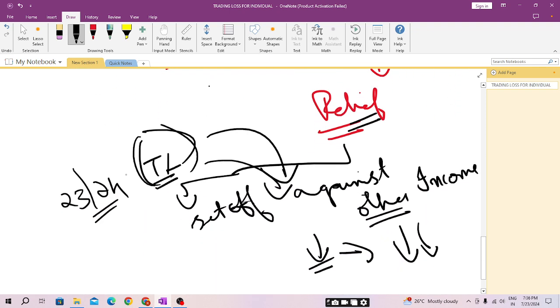The trading loss we can set off against the other income such that the total of the other income will reduce and the tax amount will also be low. Is this general understanding clear? I hope it is clear. This is the main point to understand: how the trading loss arises, and how we will claim the relief.